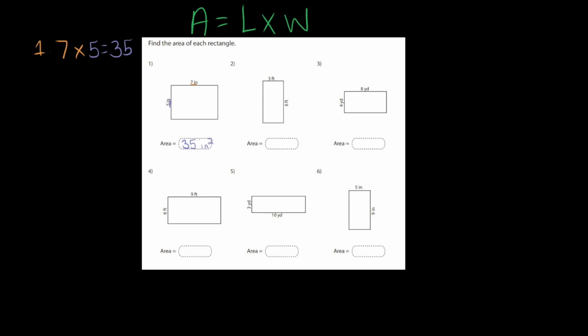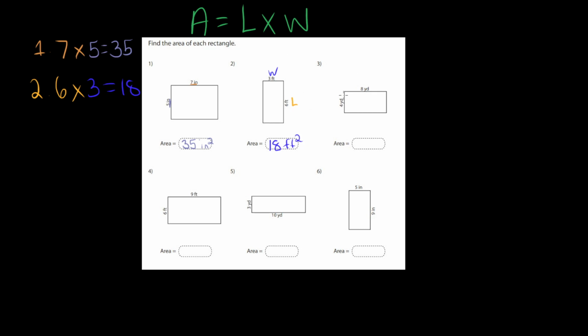Okay, well let's do number 2. Our width is 3. Our length is 6. So number 2 is going to be 6 times 3, which is 18. So our area is 18 feet squared.